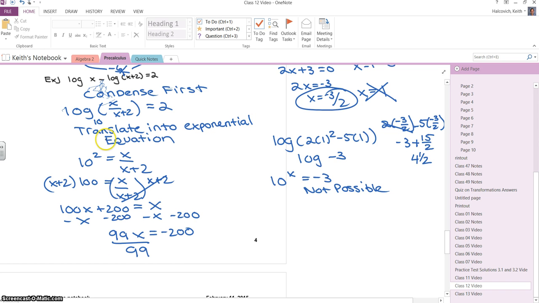Divide by 99. And you get x equals negative 200 over 99. So now you have to see, if I were to substitute this back into one of these two, would it make it positive or negative? Well, it would make this first one negative, so that means it's not a solution. So that means there is no solution to this equation.